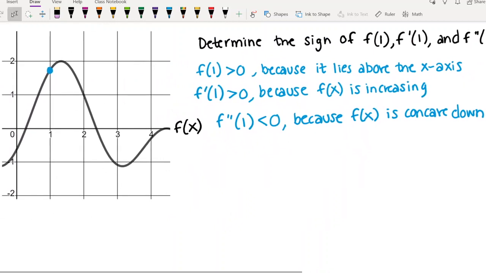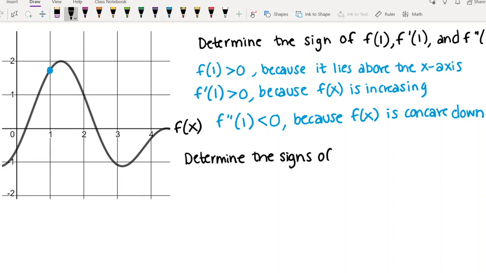Let's do the same thing at x is equal to 3. So I would encourage you to try this one yourself. So we're going to determine the signs of f of 3, f prime of 3, and f double prime of 3.